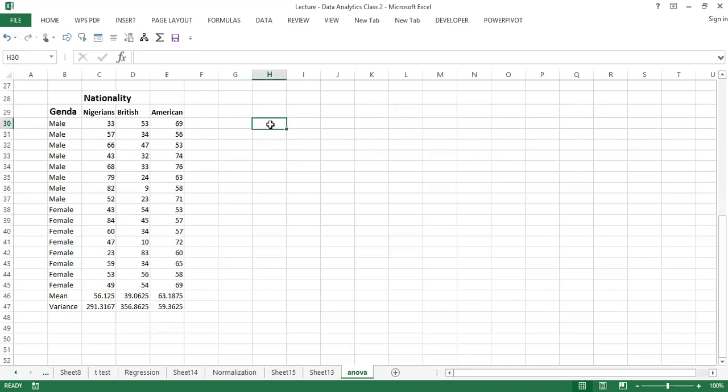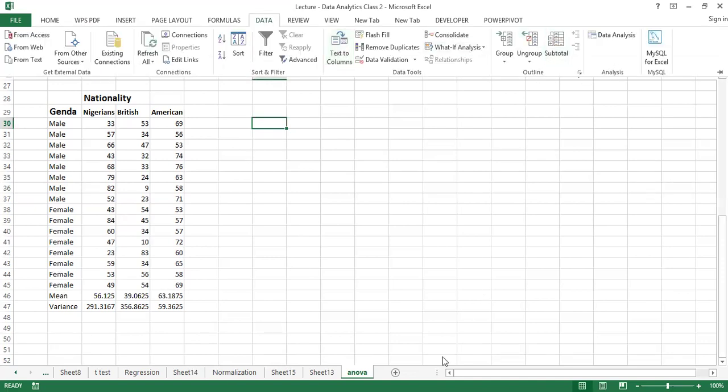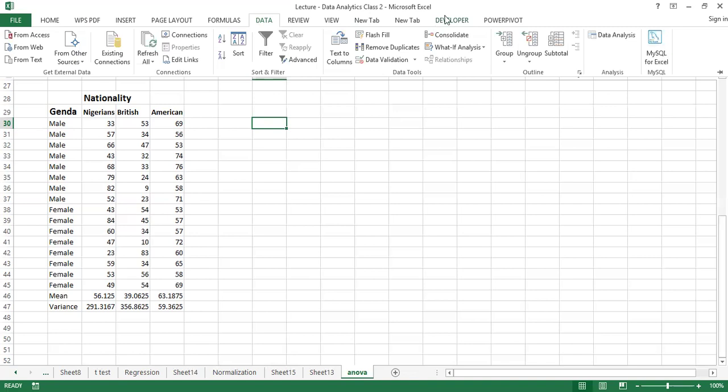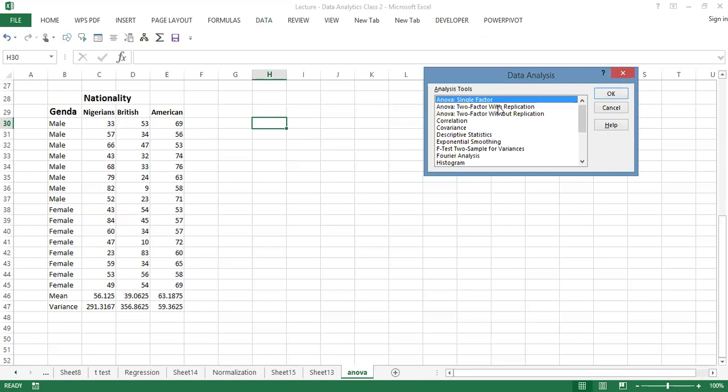Okay, so let's go. Go to the data tab. So let's compute that now. We just go to the data tab, click on data analysis. Which one do you think I should take?